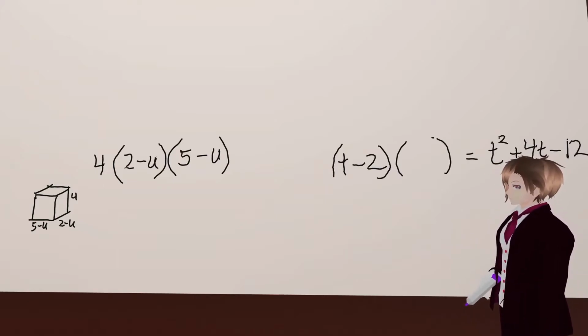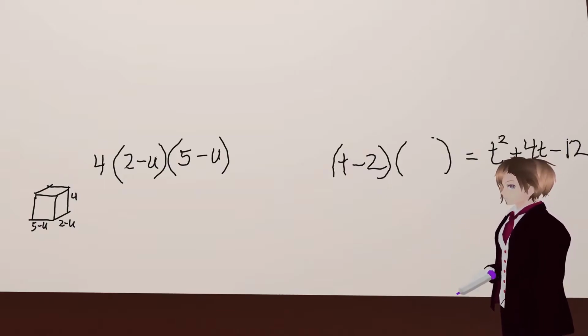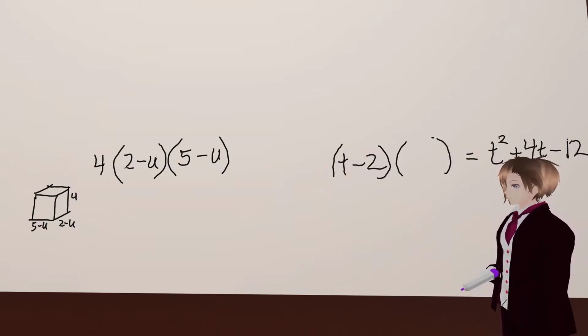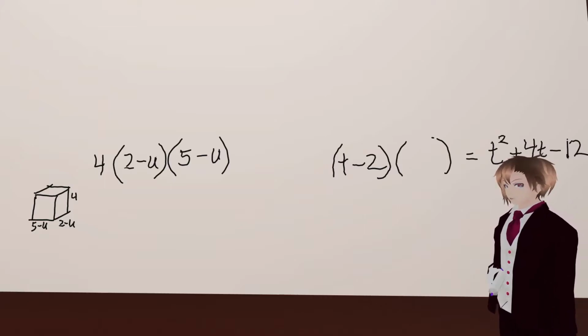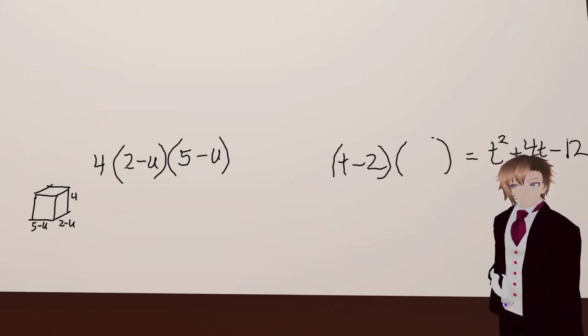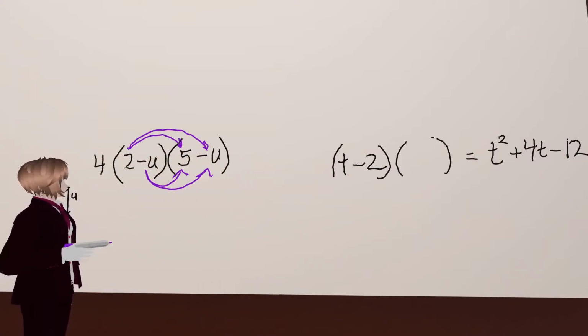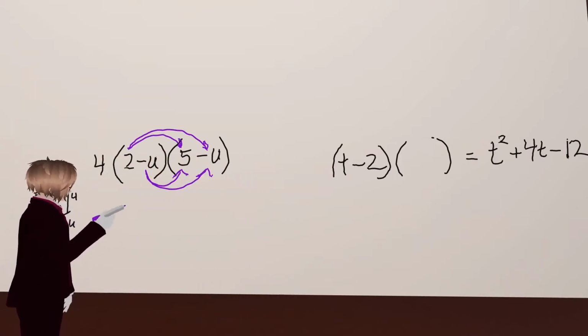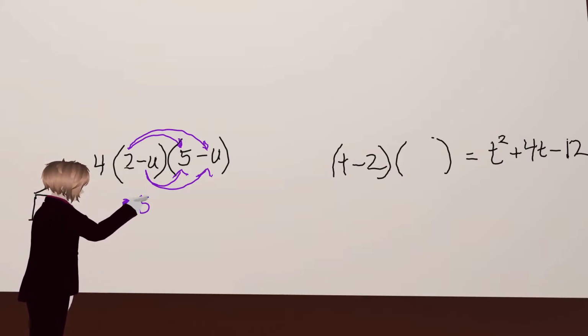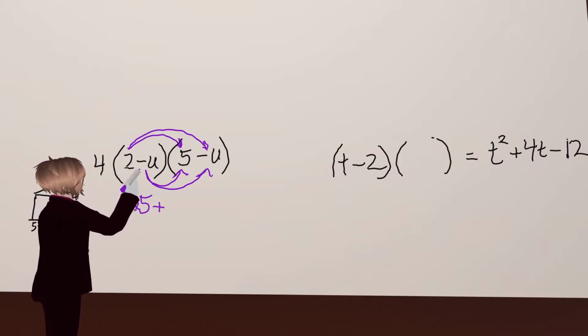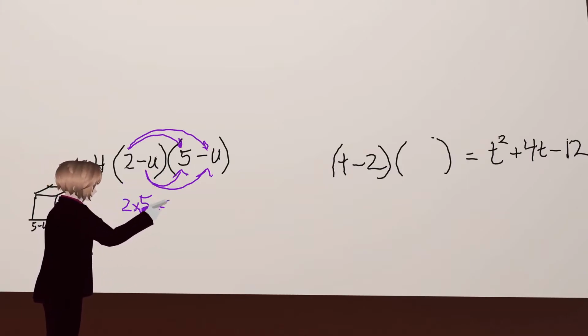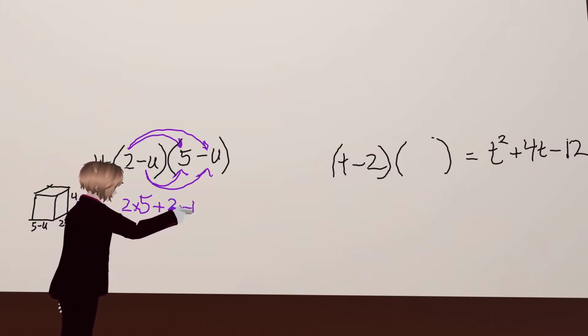We have 2 minus u and 5 minus u. Those are the 2 things in the brackets. So let's expand these brackets and see what we get. What does this expand out into? 2 times 5, and 2 times negative u.